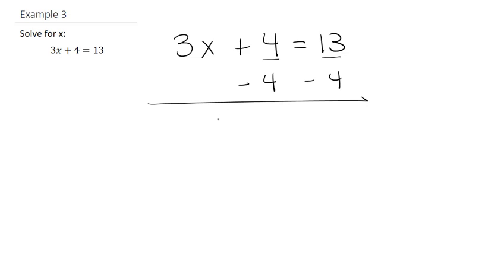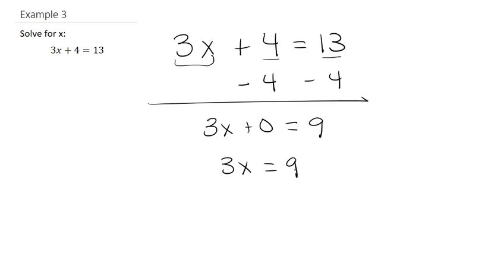This gets x, this term right here, all by itself on the left-hand side. So we have 3x plus 0. So we don't even have to write it, but we will just to show that 4 minus 4 is 0. Now 13 minus 4 is 9. So now we'll just go ahead and rewrite this as 3x is equal to 9.